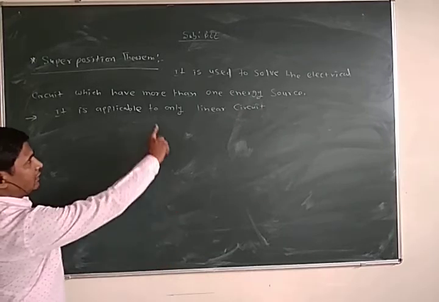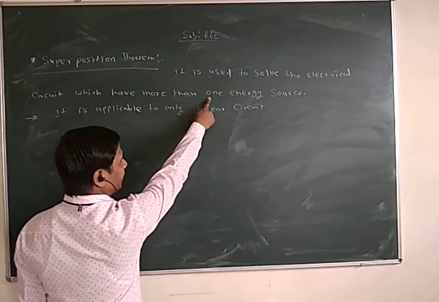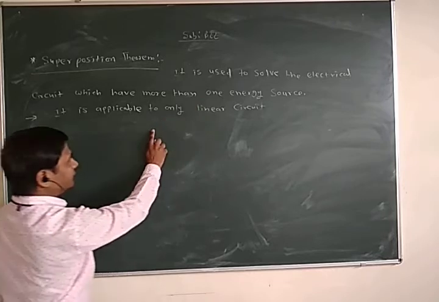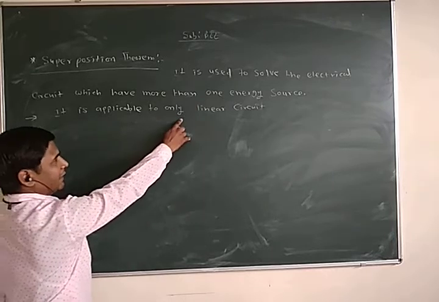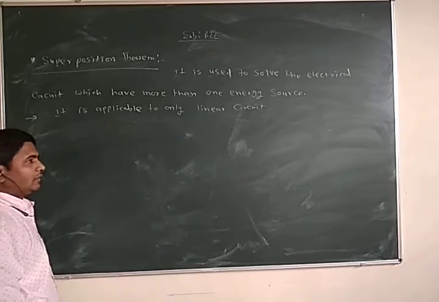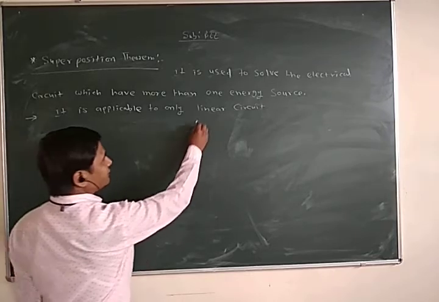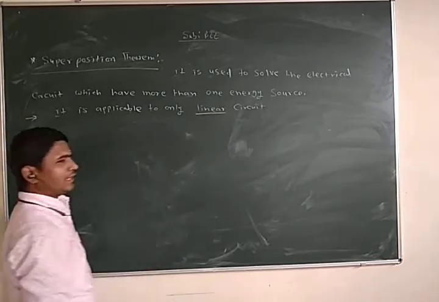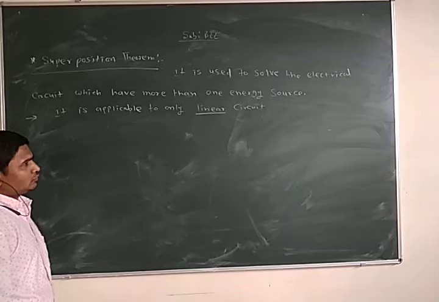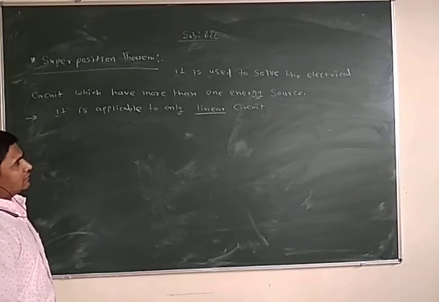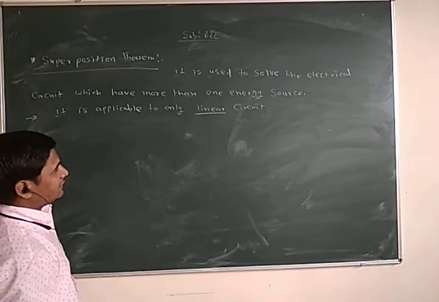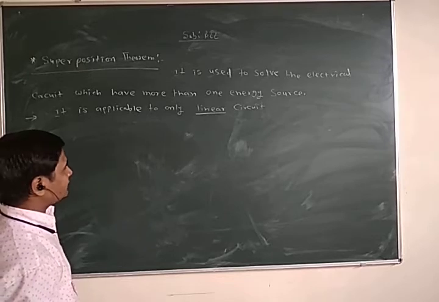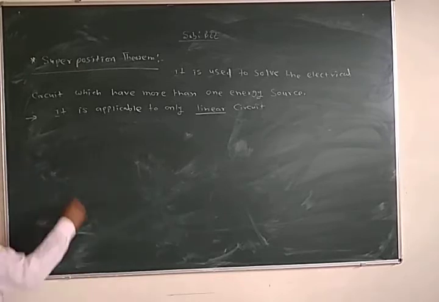One is there should be more than one independent energy source, and second is the circuit element should be linear. Linearity means the element whose response to excitation ratio should be constant. Linear elements are RLC: resistance, inductance and capacitance.